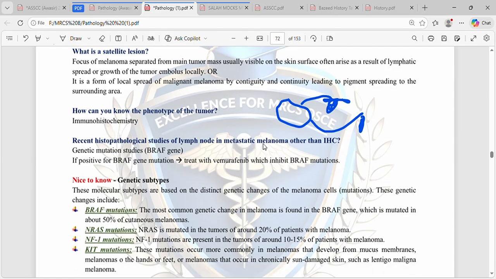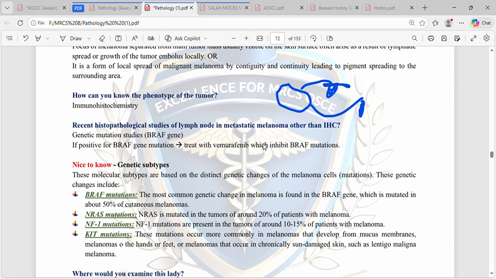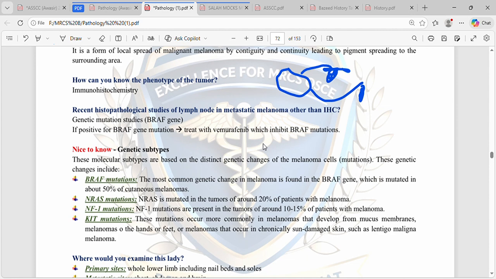How can we know the phenotype of the tumor? Immunohistochemistry. With immunohistochemistry, you will know the phenotype of the tumor. What are the recent histopathological studies of lymph nodes in metastatic melanoma other than IHC? These are genetic mutation studies, the BRAF gene.